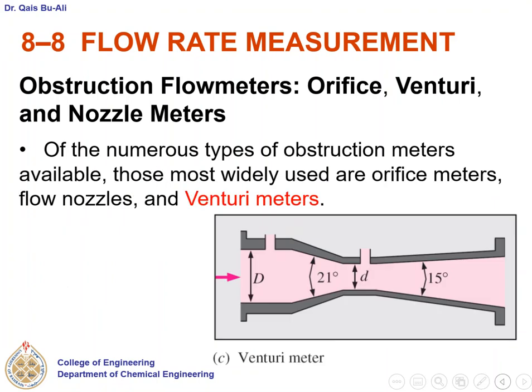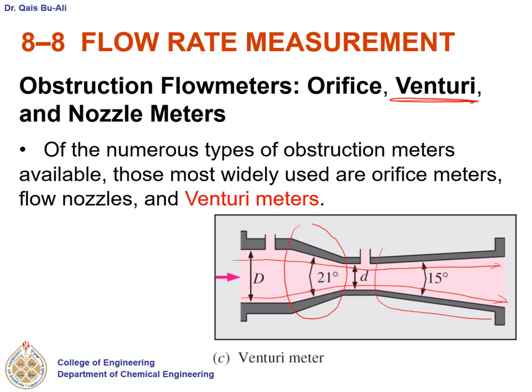Another type of flow meter is called the Venturi meter, as it is shown here. What's happening here is the flow is coming through it and then going smoothly out. So I have a gradual contraction and an even slower gradual expansion here.